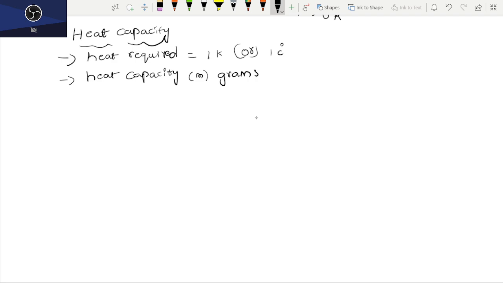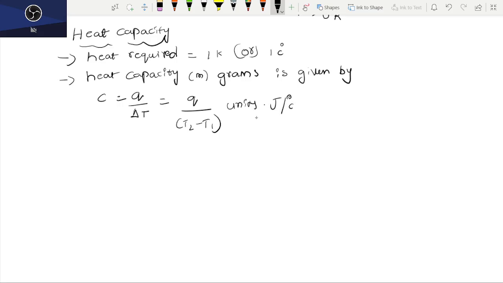C is equal to heat capacity, Q by delta T, that is equal to Q by T2 minus T1. This is a very important equation. Units: joules per kelvin, we can take K.